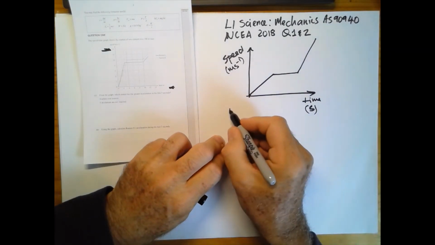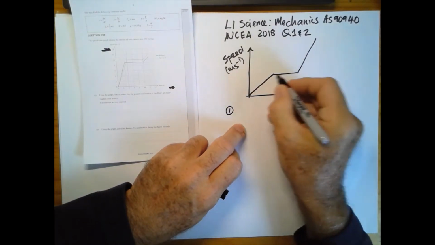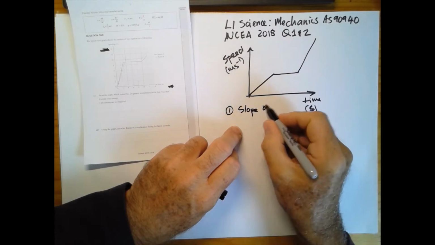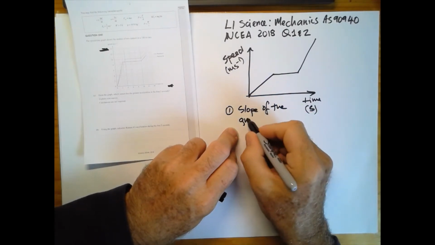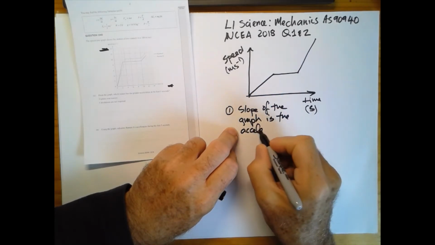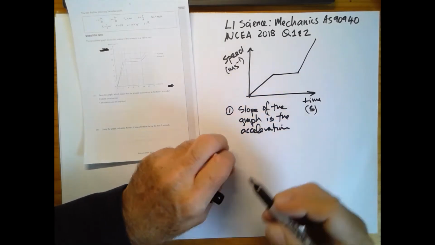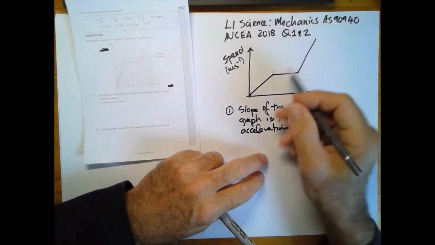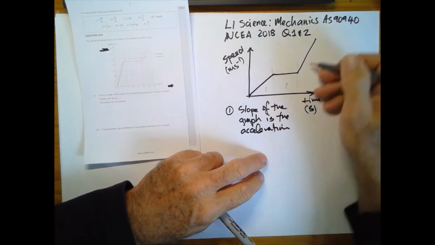Number one is that the slope of the graph is the acceleration. So when we look at this graph, there's three sections to it. Section 1, section 2, and section 3.